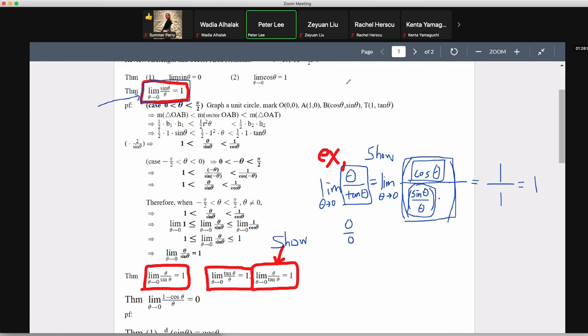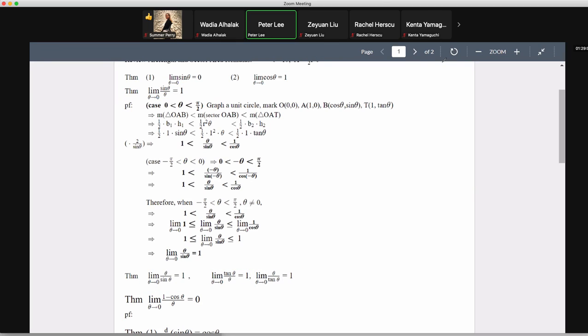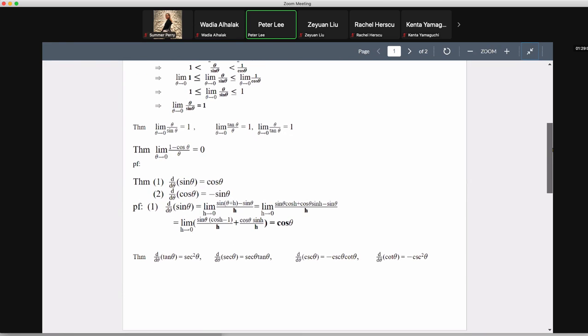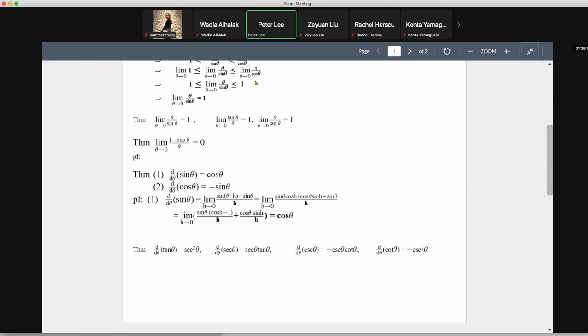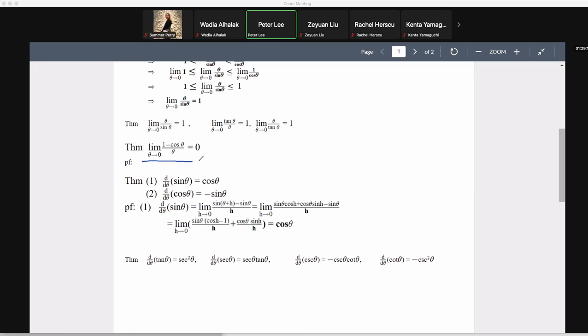Now let's go to the next one. I'm going to save this. And now let's do this. How about this? Now let's get to this example, this theorem right here. So now, here's the proof.